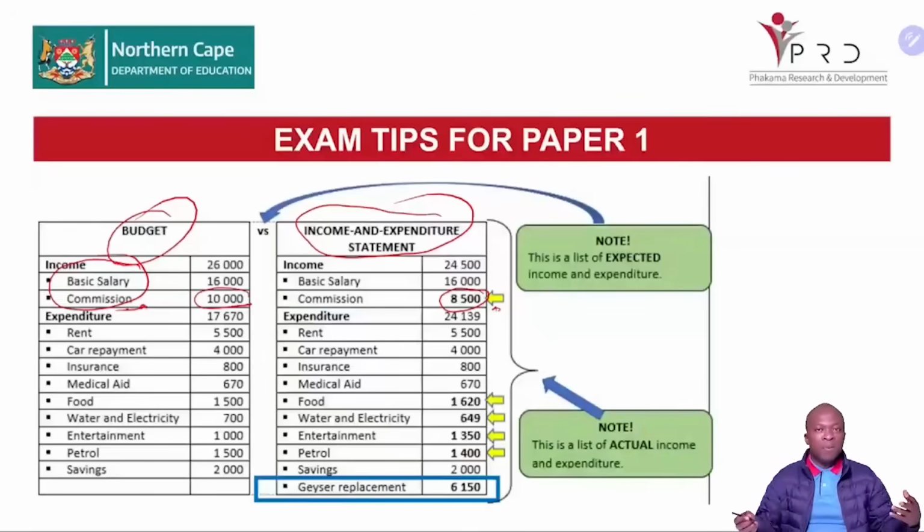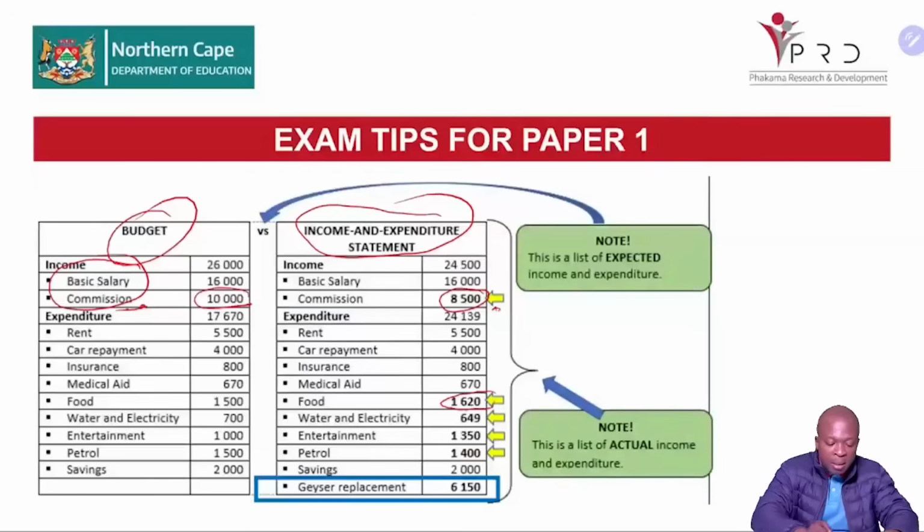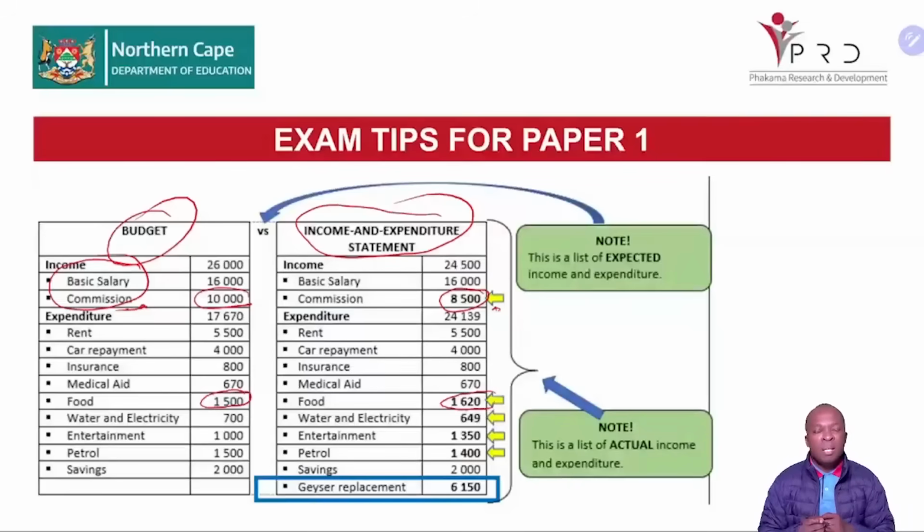Do you see there's a difference there? We thought we were going to get 10,000, but in reality, we got only 8,500. Another one. We budgeted 1,500 for food, but for some reason, we spent 1,620. So budget is a plan of how you want to spend the money that you have.